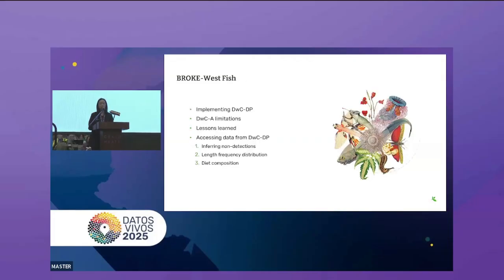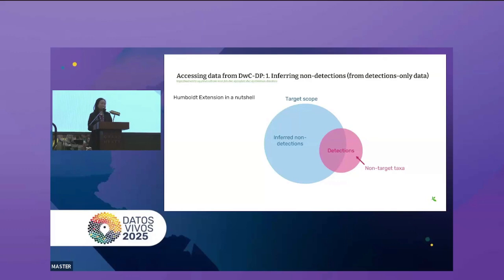And finally, I want to go one step further to see if we can access the data from Darwin Core Data Package. A first use case we could think of is inferring non-detections. This is what the humboldt extension intended to do.